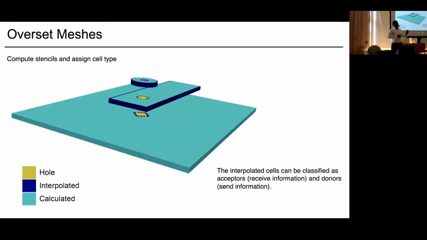So basically there are three different kinds of cell zones that you can expect in this kind of problem. One is hole, as I said, where there is no cell in the overset mesh, but there are only cells in the background meshes, and no computation happens. Then there are interpolation fringes, which are defined by the user. So basically this is the patch where they connect to each other.